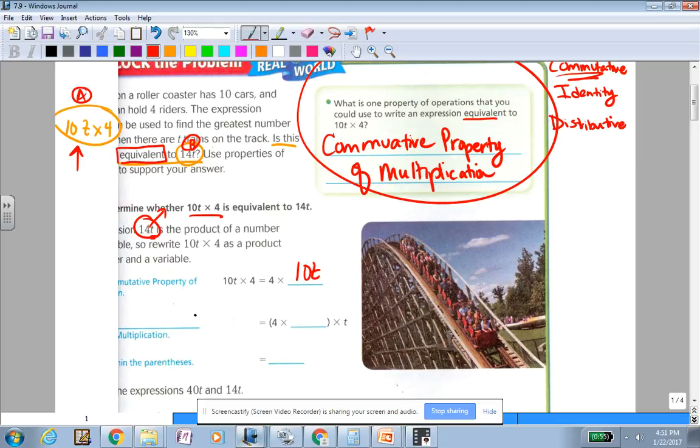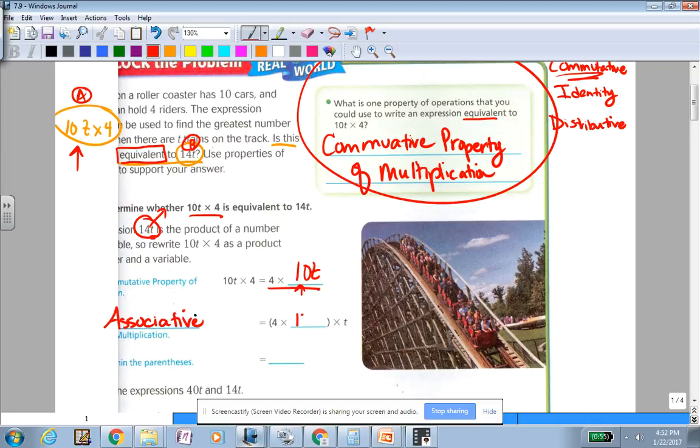Let me now try the associative property of multiplication. The associative property of multiplication really states that any way in which I group 3 factors is not going to change the product. So now that I have 4 times 10t, I know that this coefficient 10 is going to be multiplied by t.